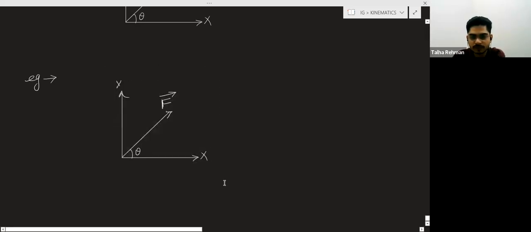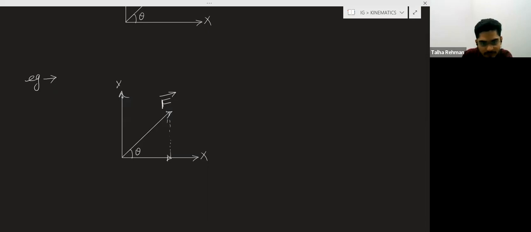Okay. So this is the force vector, and this force vector is acting at angle theta with x-axis. Now components of the vector means we want to see the effect of this force along x-axis and along y-axis, so we can just resolve it.